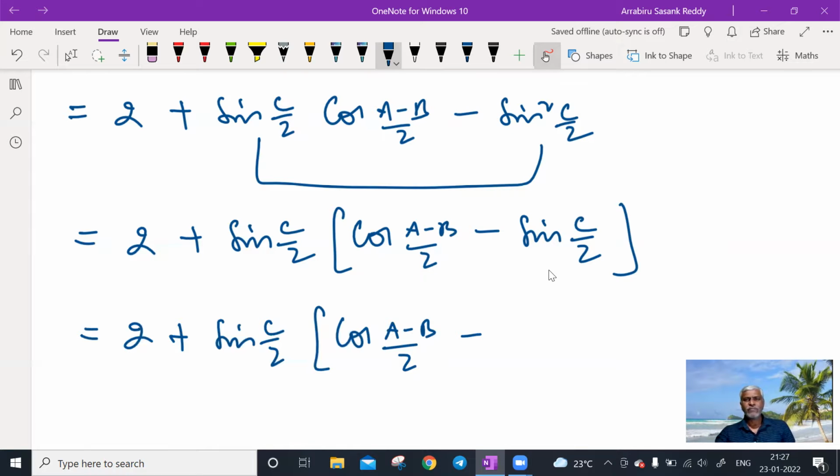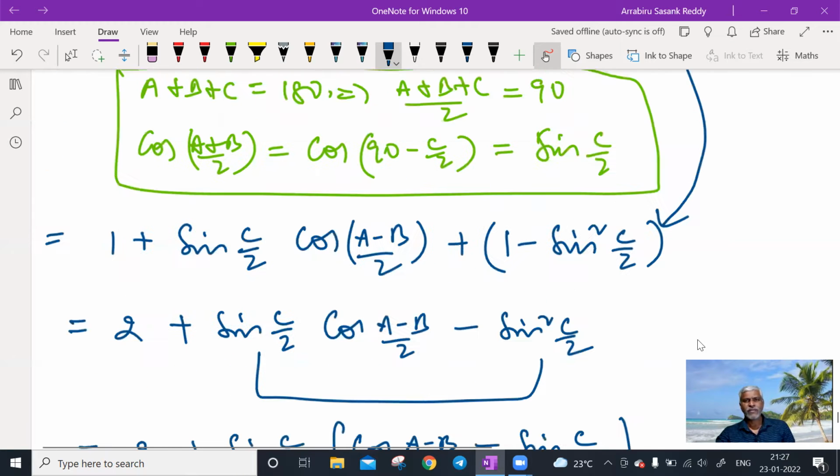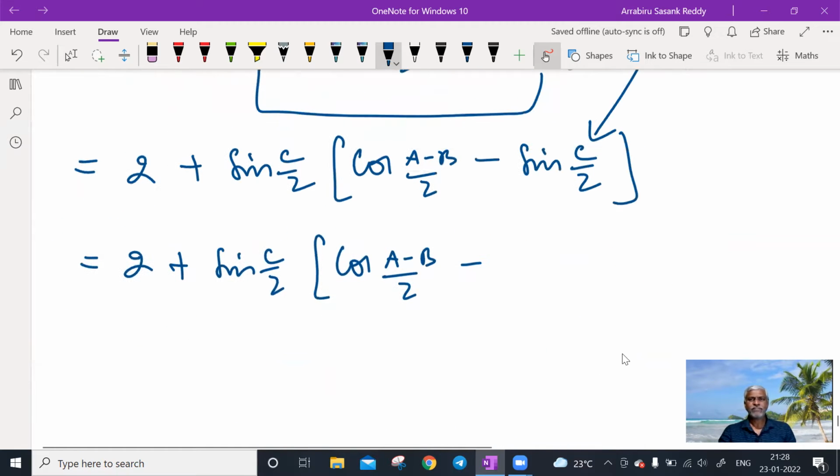Sin c by 2, again writing sin c by 2 as cos (a plus b) by 2. Here we wrote cos (a plus b) by 2, that is cos(90 minus c by 2), as sin c by 2. Same, we are writing sin c by 2 in place of cos (a plus b) by 2.